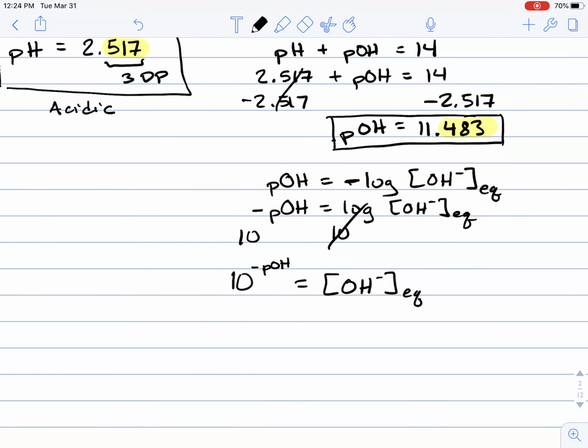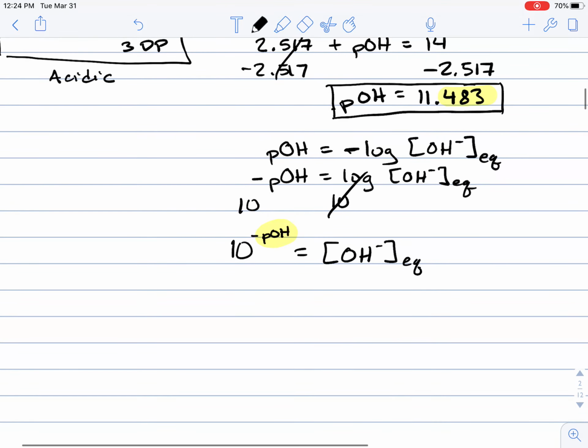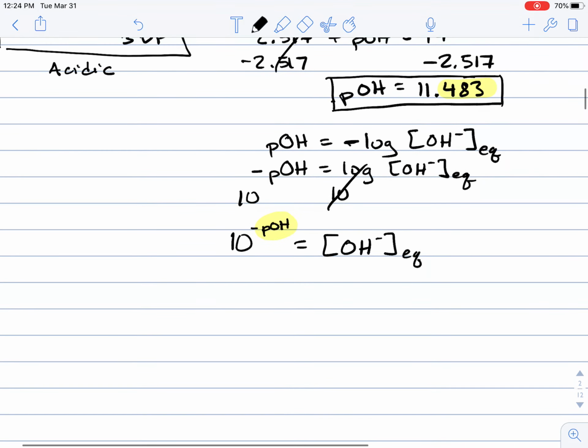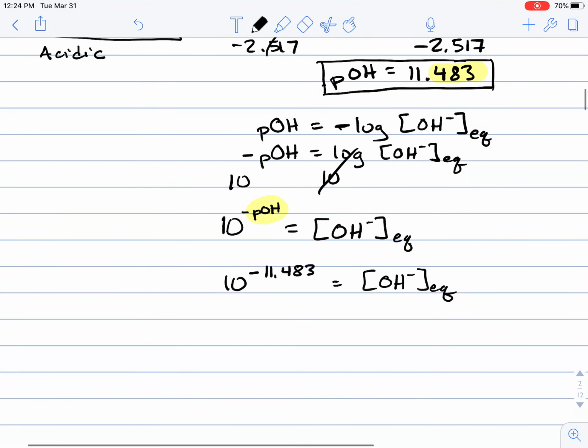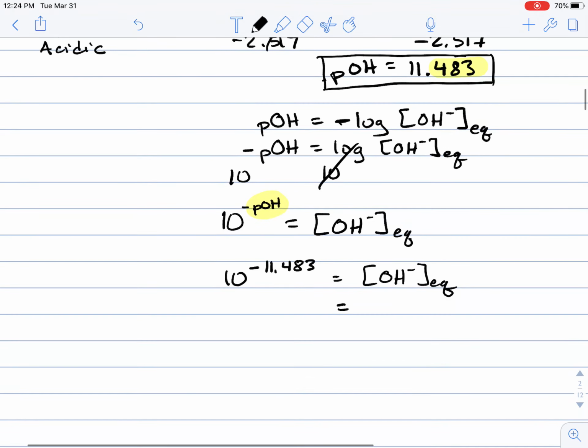If you simply plug in the value for the pOH in this formula, we'll be able to get the concentration of our OH minus. So it's going to be 10 to the negative 11.483, which is OH minus at equilibrium. If you plug that into your calculator, you're going to type in second log.